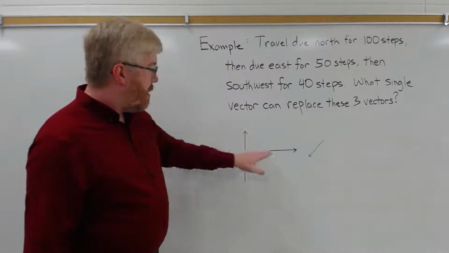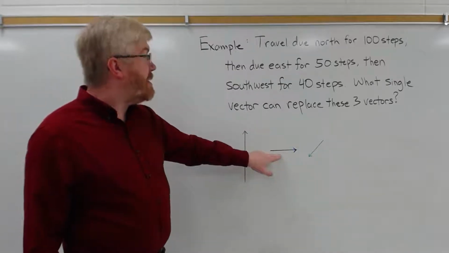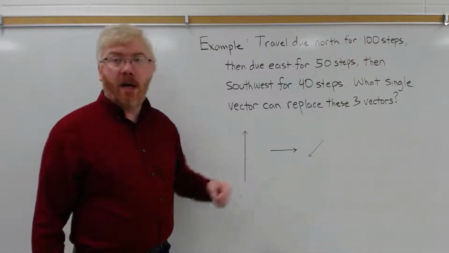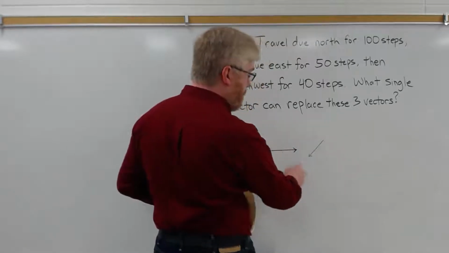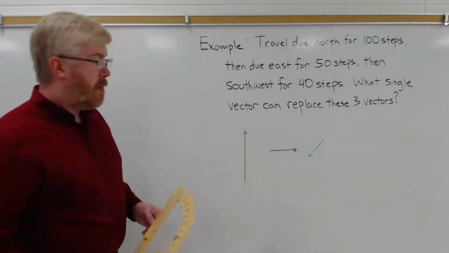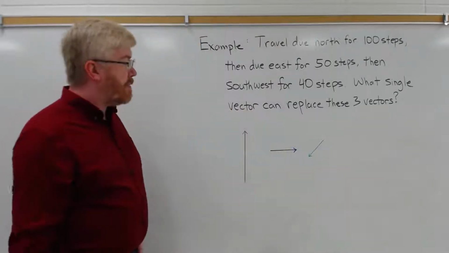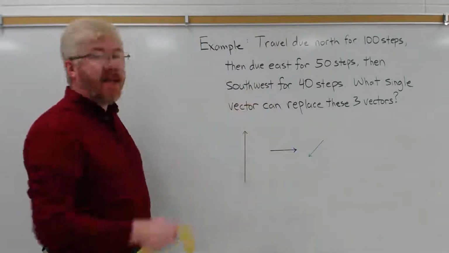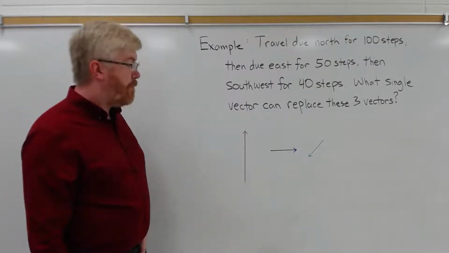The second one is shown in blue, 50 steps to the east, and then southwest, or 135 degrees from the positive x-axis, going clockwise. So down and to the left, halfway between south and west, with a length of 40.